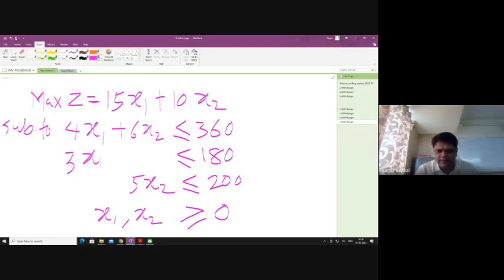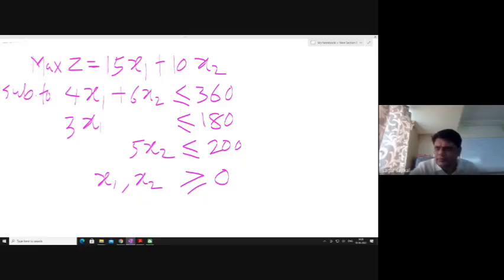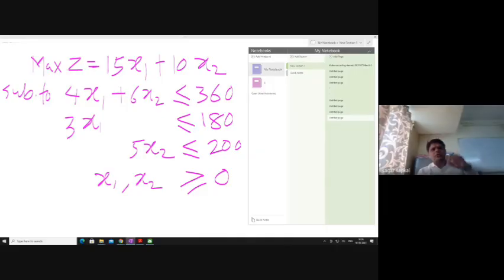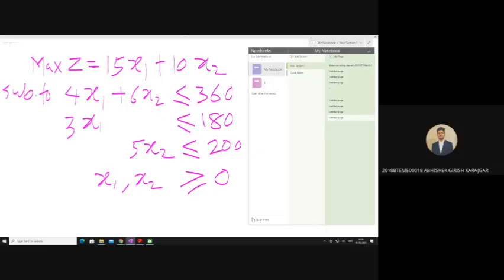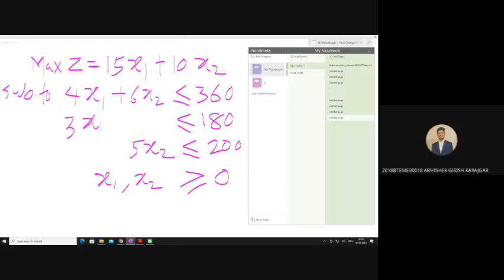Now what was your doubt? Sir, what if we get a solution which is in fraction? How can we produce a product which is in fraction? No, you will not get it in fraction in practical cases. Which one? Value of x1 and x2, you are talking about, no? Yes sir.